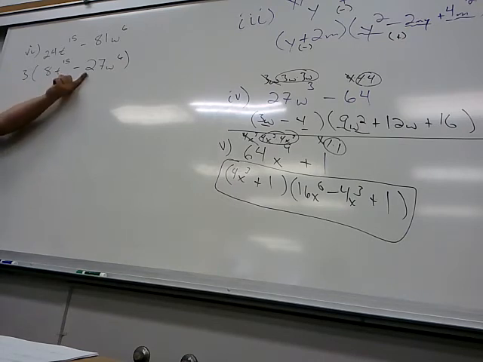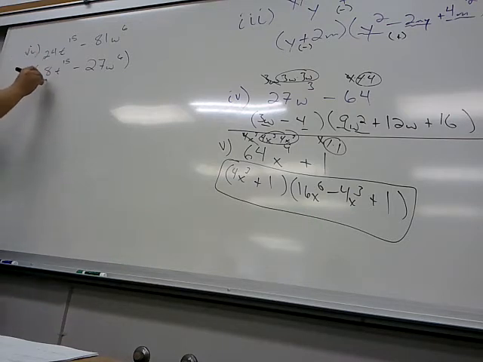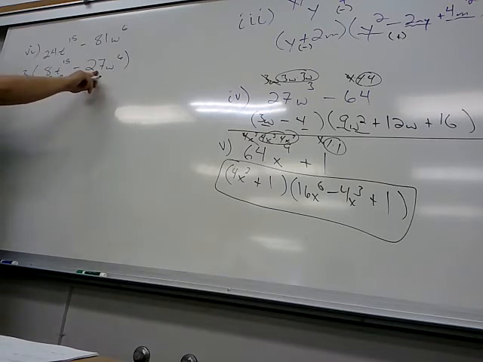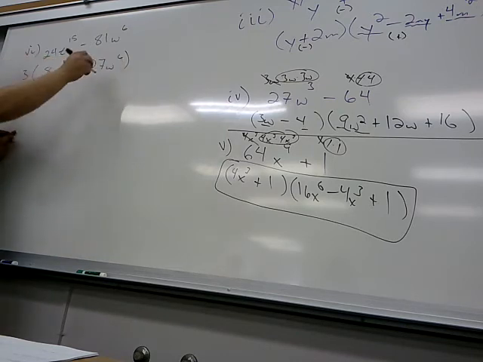Now what are you left with here? Can you cut everything in thirds? 8 is 2, 2, 2. T15 is, cut it in thirds, T5, T5, T5. So this will be 2T5, 2T5, 2T5, right? That sounds funny. And 27 is 3, 3, 3, and W6 is, cut it in thirds, W squared, W squared, W squared.